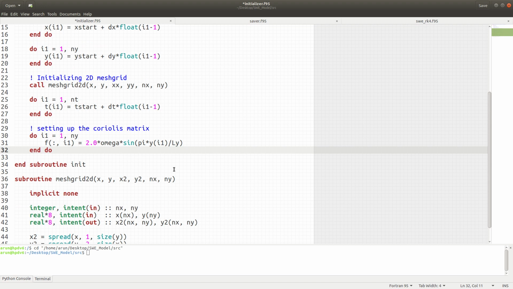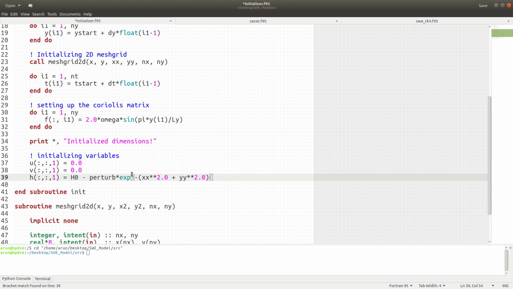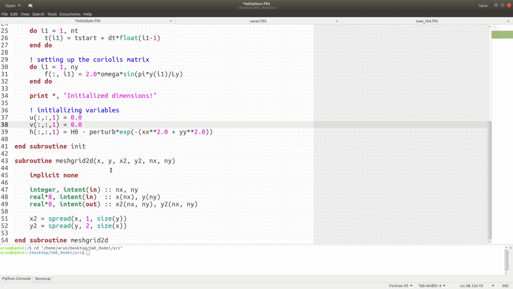Now I'll talk about some initial conditions for the module. I'm going to set the initial velocities to be 0 at the initial time step, and for the remaining time steps I'm going to calculate them. And similarly for the height, everywhere else I'm going to set the height to be h0, and then I'm just going to multiply this perturb value by the exponent of this term over here.